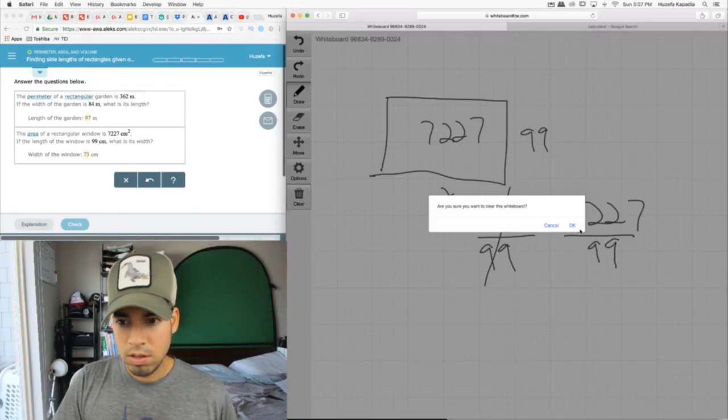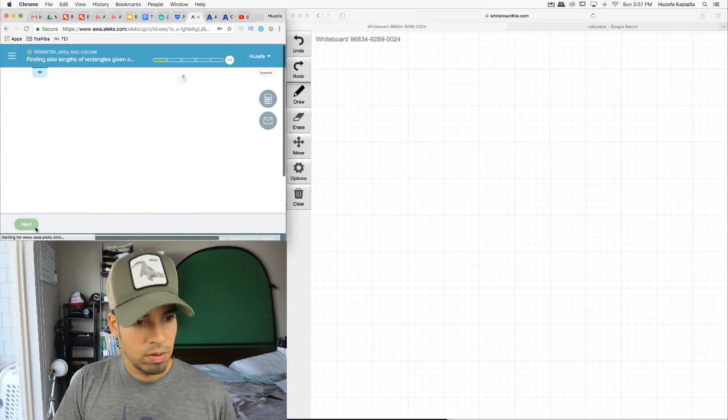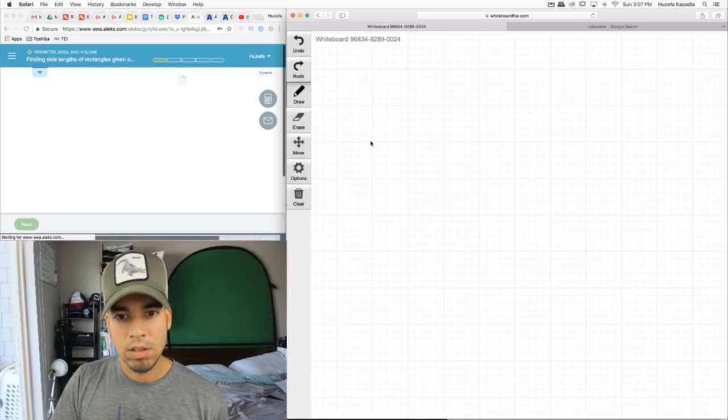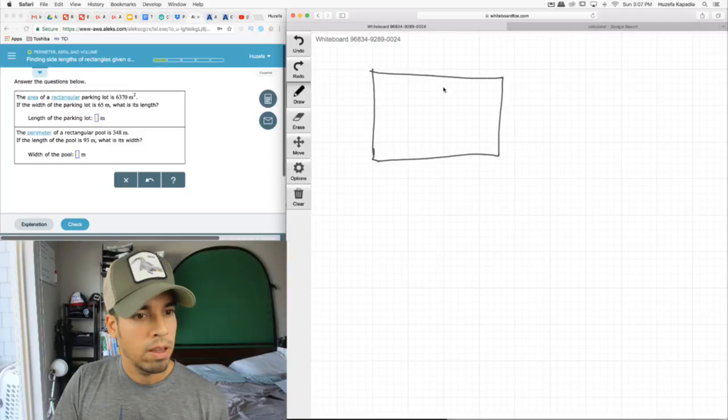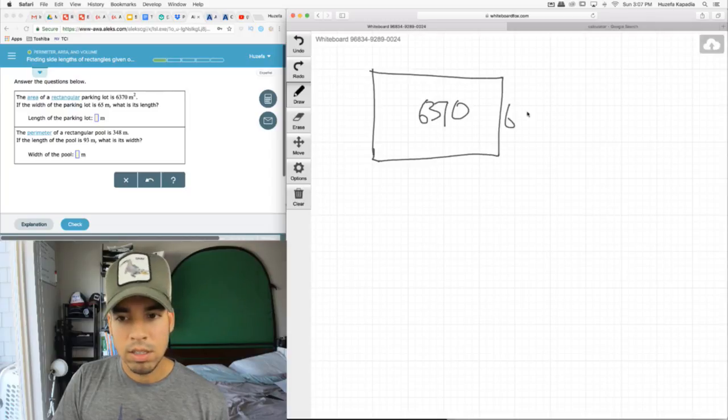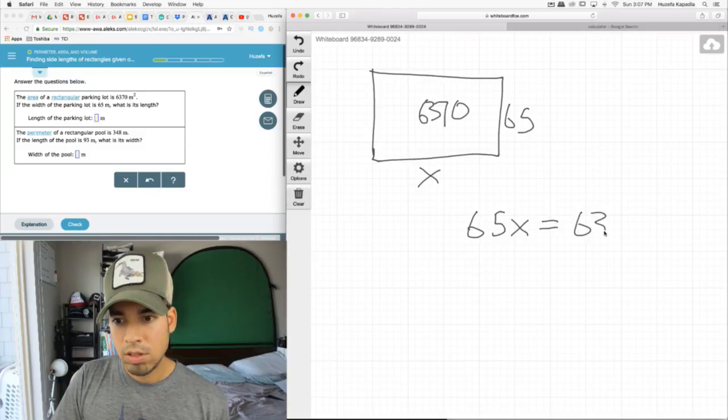Next, I assume these will be all rectangles, so let's keep it set up here. The area is 6370. The width is 65. The length we don't know. So our equation again is length times width equals 6370.